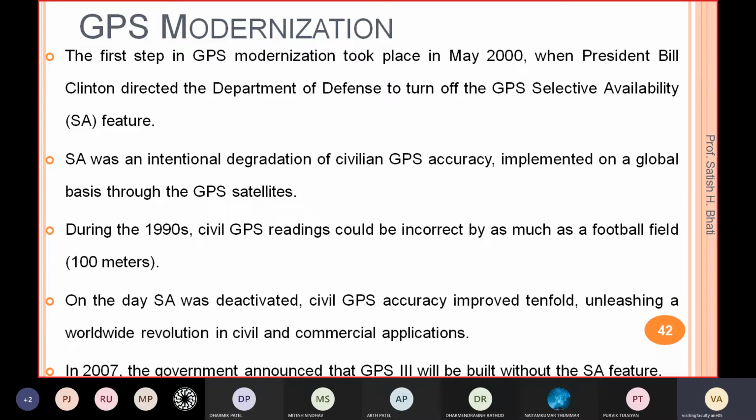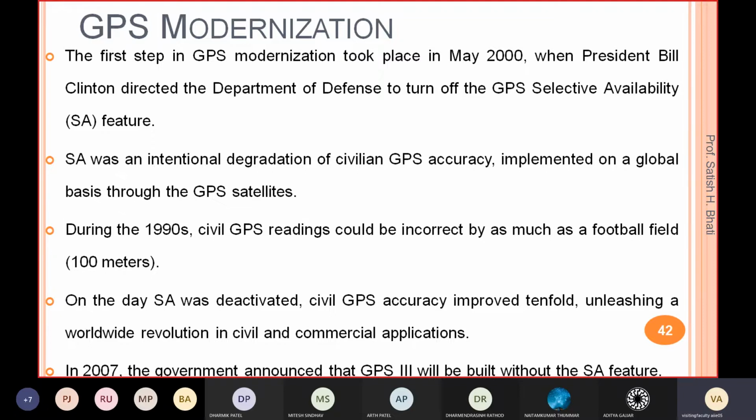And that was like a 100 meters error, right? If you used GPS with the selective availability feature, then the GPS would show an error of 100 meters, right? So whatever location was shown by GPS was actually 100 meters away from the actual location.